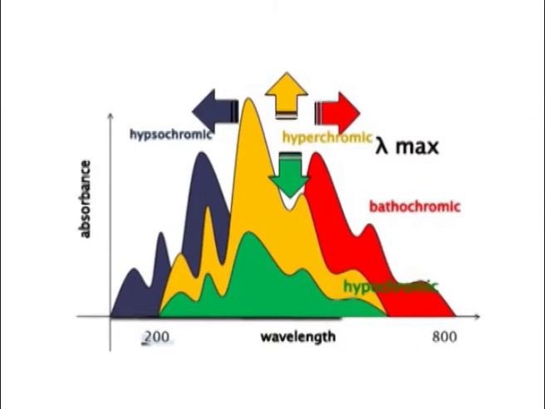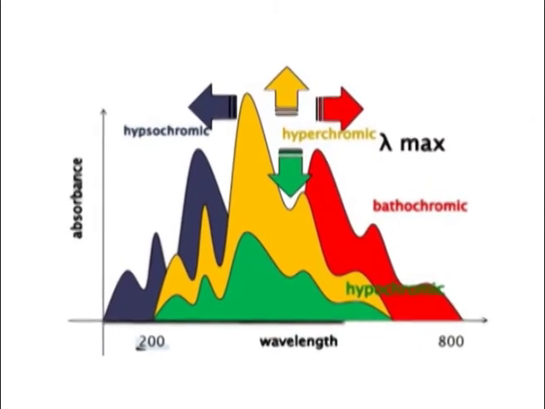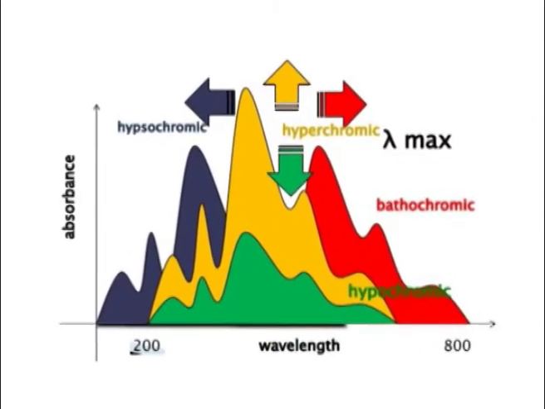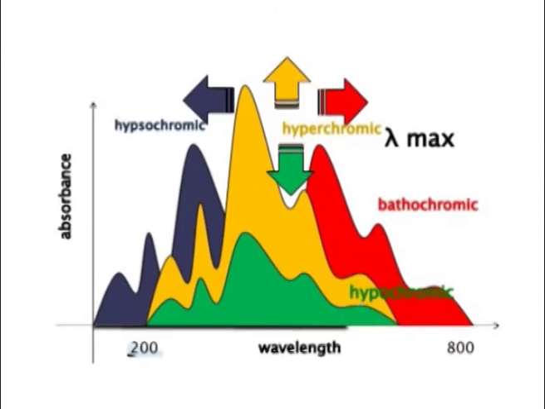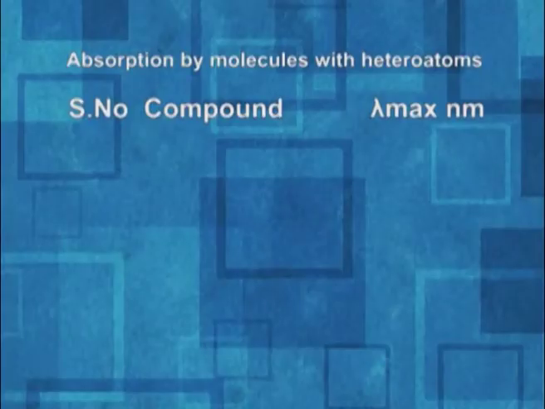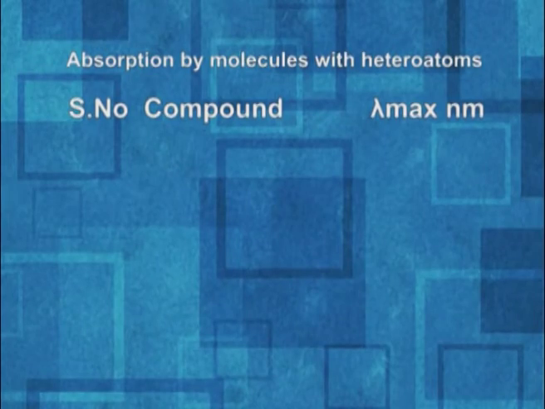Other parameters such as pH and temperature also may cause changes in both the intensity and the wavelength of the absorbance maxima. In addition to such organic compounds, early transition metals also absorb in UV region depending on the nature of the ligand. The table shows absorption by molecules with heteroatoms.